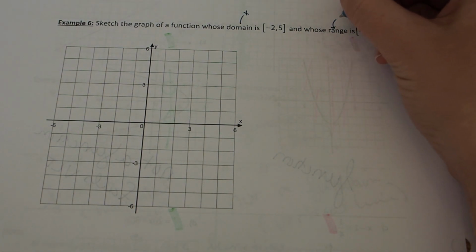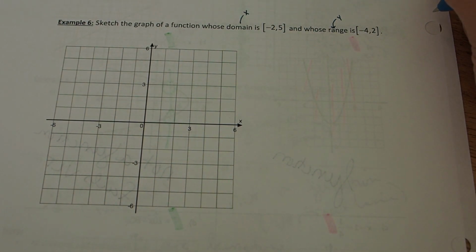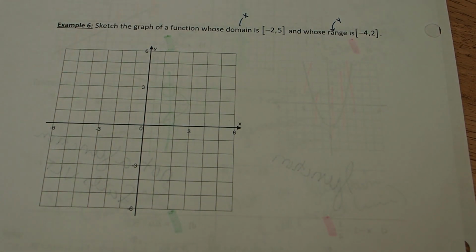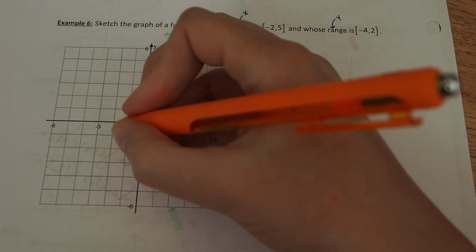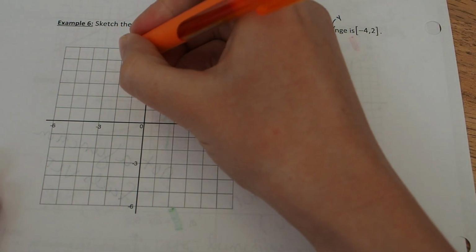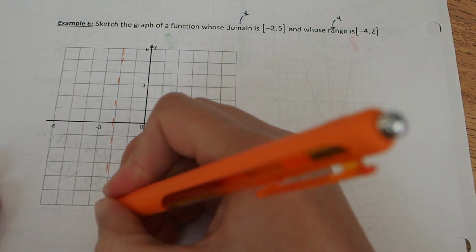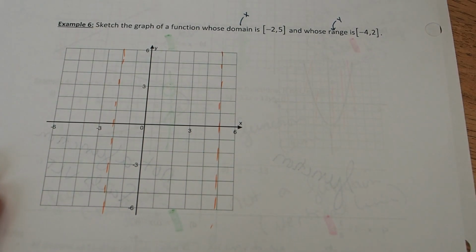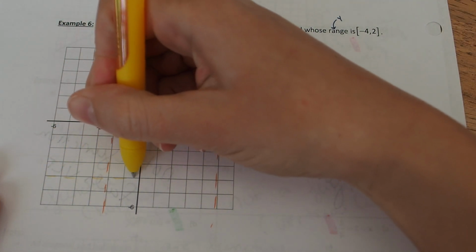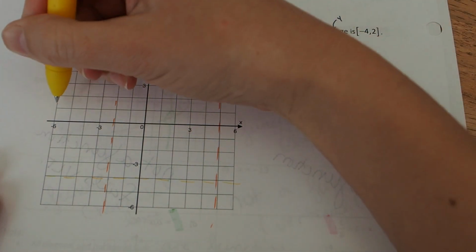And the lowest of the range values, the y's, to be -4 and the highest to be 2. I'm going to kind of dot in those values. So I want my x values to have a lowest of -2 and a highest of 5. And I want my y values to have a lowest of -4 and a highest of 2.